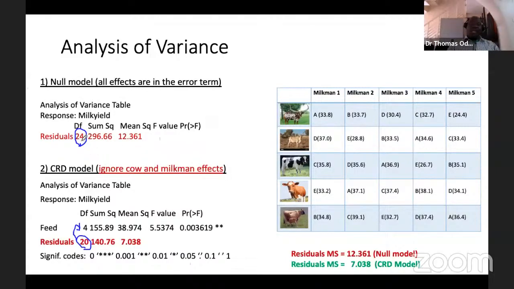By introducing a factor into our model, we are reducing the degrees of freedom, but we also help reduce the noise by dividing it into two components. This part is now known, so we separate it from here. We consider all this to be unknown. So this is our second model, where we ignore the cow and milkman effect and only look at the effect of the treatment.